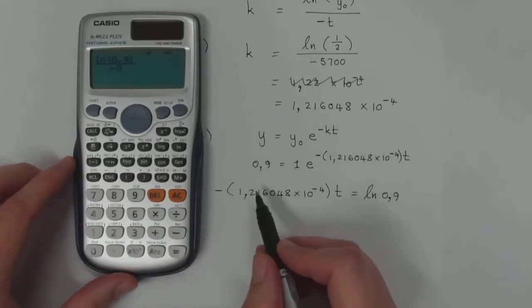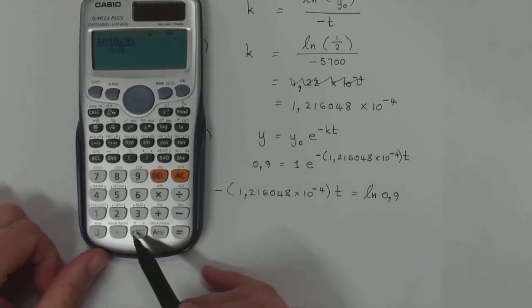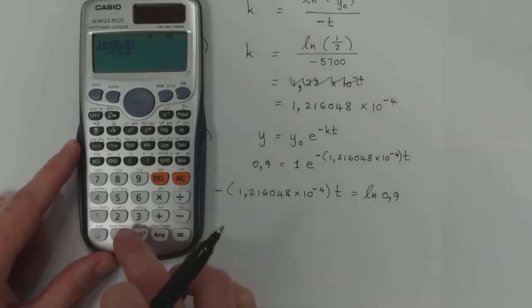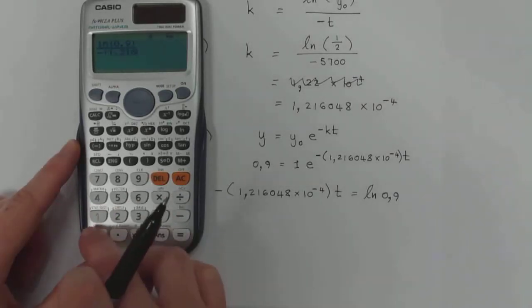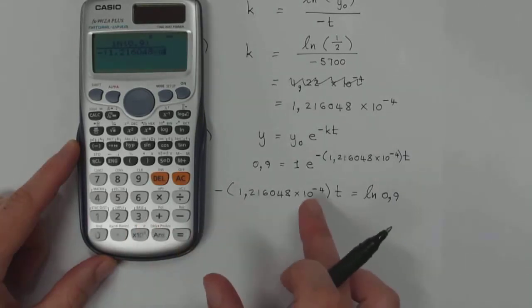And please remember, this scientific notation is given over here on your calculator with that times 10 to the power of x. So I'm going to type in 1.216048, and then you type this button, which already gives you the times 10 to the power, and then I'm going to put the negative 4 there.